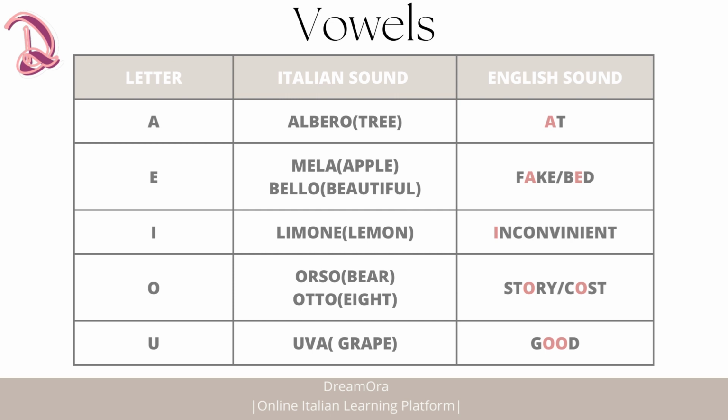The part that vibrates is your chest and also your throat. So think about it in front of your face, and on your chest. Okay, so let's repeat. Mela, bello. Great.